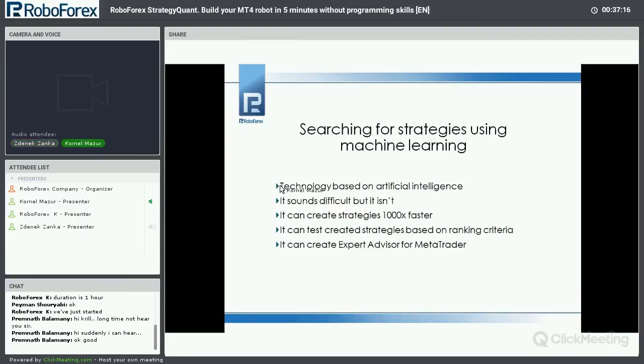If you generate 1000 strategies, you can easily select the best one, because you don't need to go through every one and check it, you can use the computer to select it. And in the end, you can create an expert advisor for MetaTrader. Once you use this artificial intelligence approach to creating strategy, you can export it to your MetaTrader, which you know very well, and trade it as a normal expert advisor.